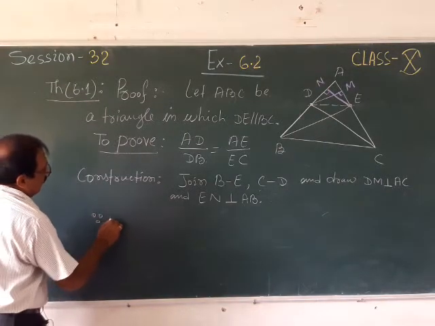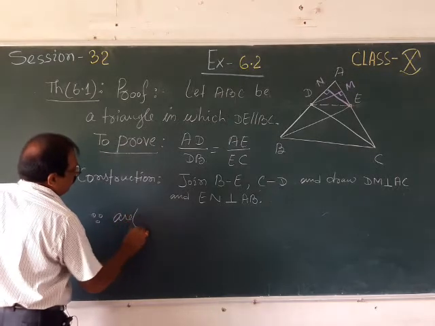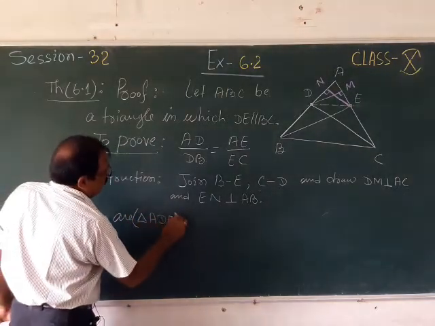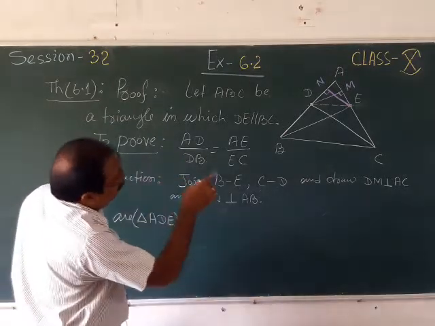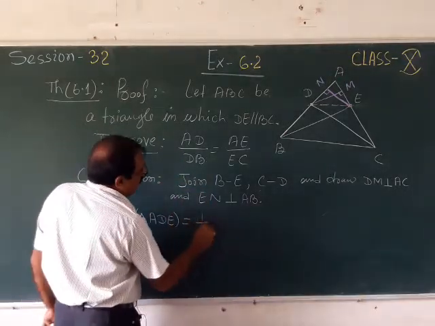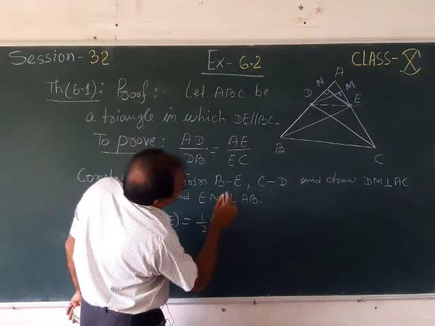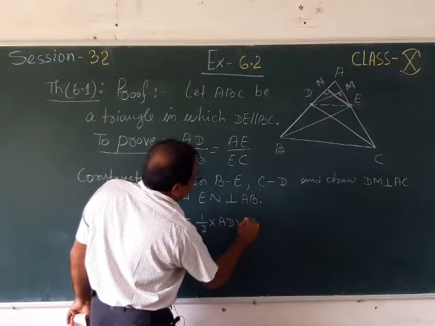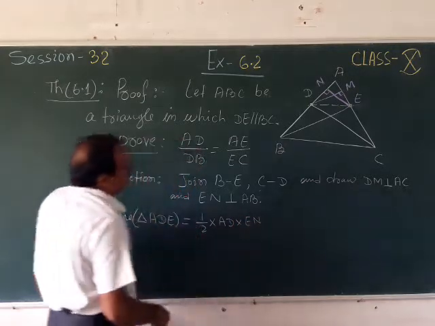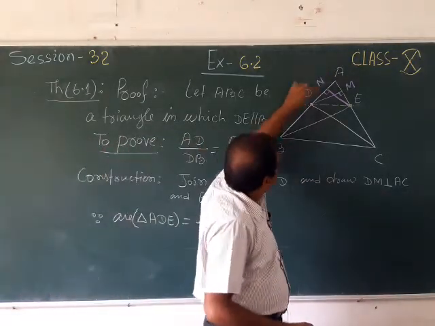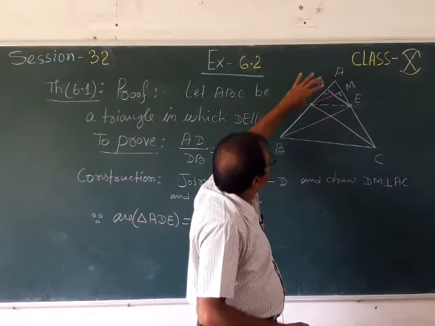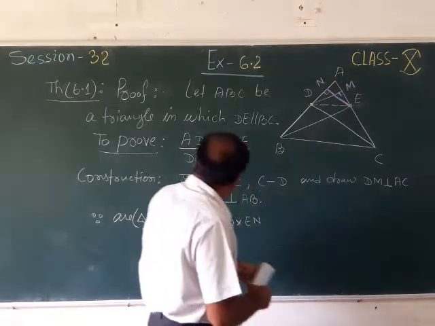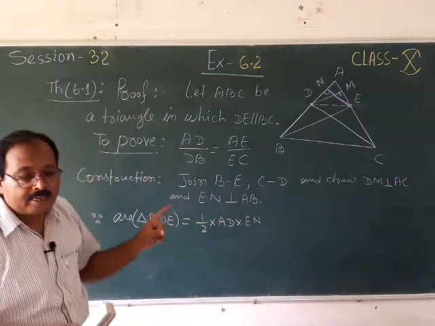Since area of triangle ADE is given by half into base, base is AD, and height is EN. So this is area of triangle ADE.